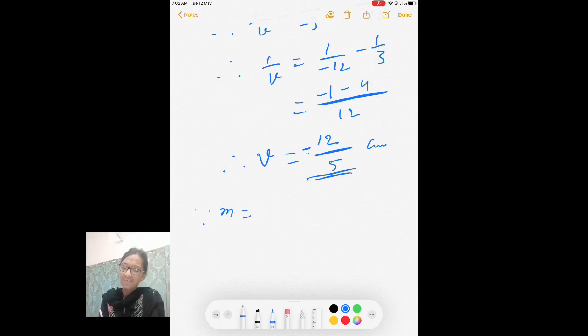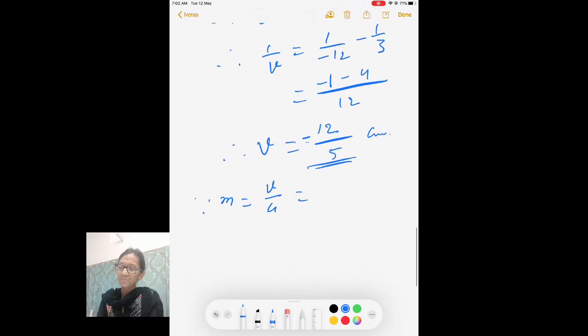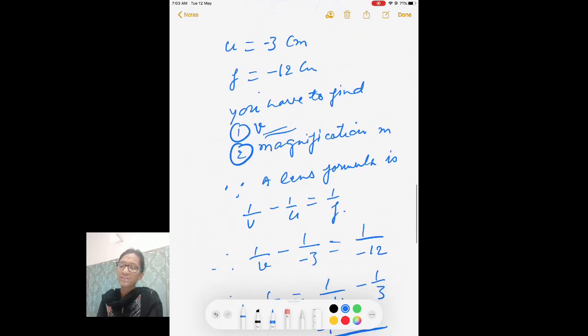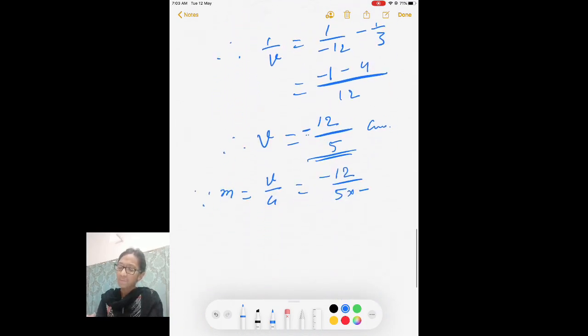Since in lens formula, magnification is equal to V upon U, and this is equal to, let me put with the sign only, minus 12 by 5 divided by U, your U is minus 3. So minus and minus is cancelled, and you find that it comes equal to 12 upon 15.